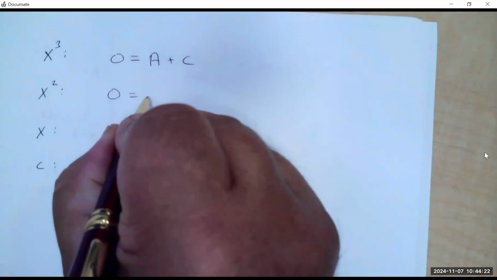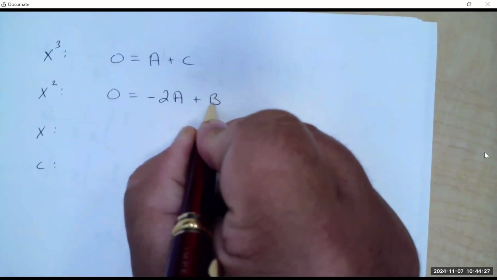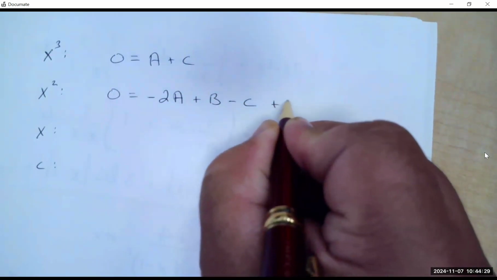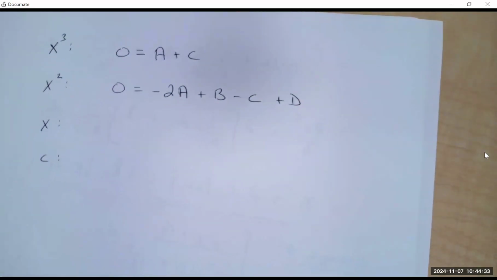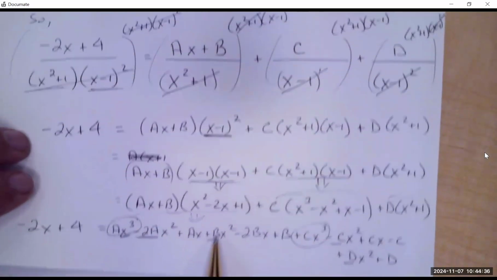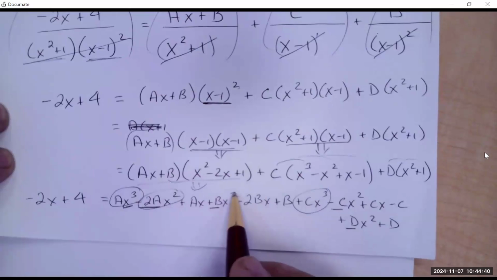So the x squared coefficients are negative 2a plus b minus c plus d. We just look for all the coefficients of x squares. So we got rid of those as well.